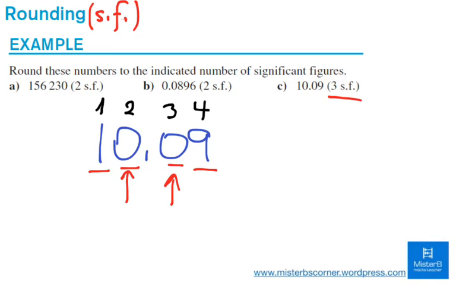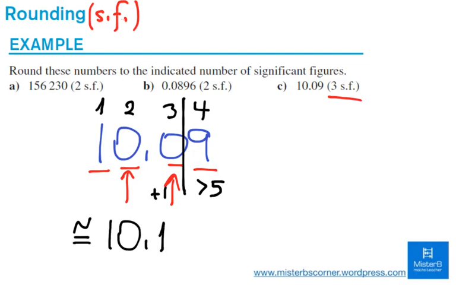It says three significant figures, so I have to cut from here. This is a number greater than 5, so I have to add 1 here and end up with 10.1 as a rounded approximate number up to three significant figures. So 0 is a non-significant figure unless it is in between significant figures, right? So that's the answer.